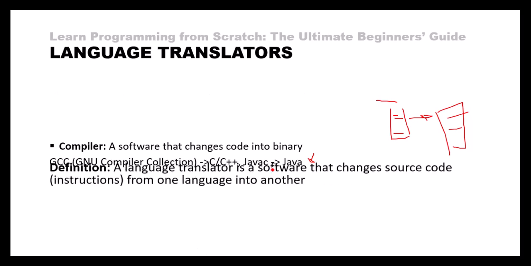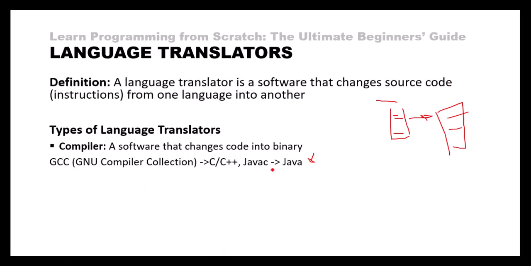After we look at a compiler, we should also come to understand an interpreter. An interpreter is also simply a software that changes source code into binary. It functions the same way that a compiler functions. It just gets source code that you've written and converts it into binary.